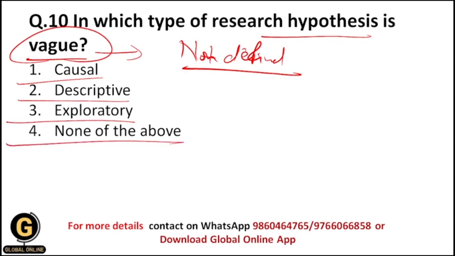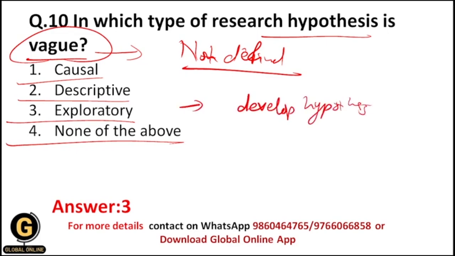Now students, all of you understood that only exploratory research design is the type of research design in which the research hypothesis is not clear or not defined, because in the exploratory research design our final step is to develop the hypothesis. Priorly we are not able to understand what the research is about, and that's why here we collect the preliminary data and finally develop the hypothesis.